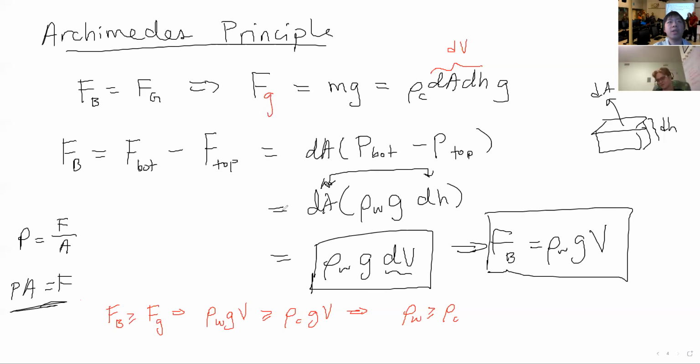Let me just add that in here. So if we want the buoyant force to be greater than or equal to the gravitational force, then we have rho_W g V is greater than or equal to rho_C g V, right? And then we can cancel out the gV. So this leads to the density of water is greater than or equal to the density of the cube in order for it to float.